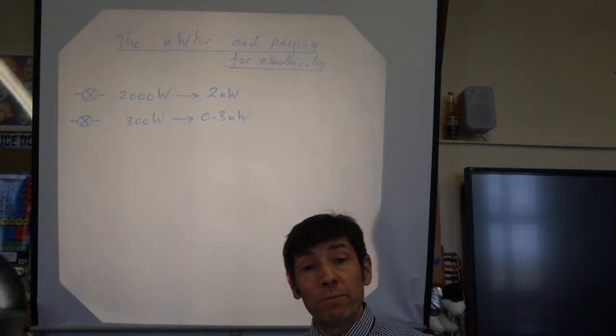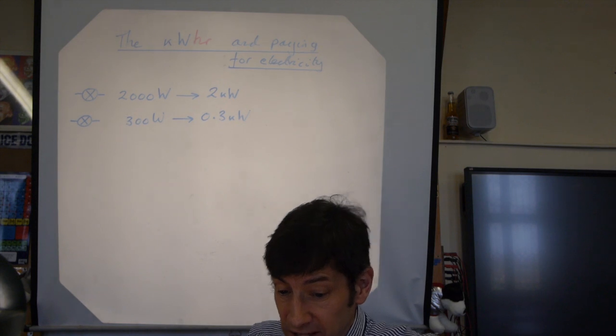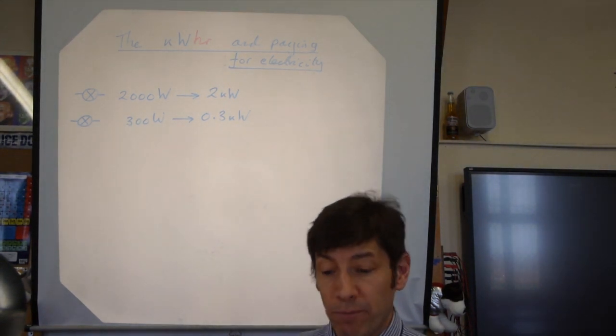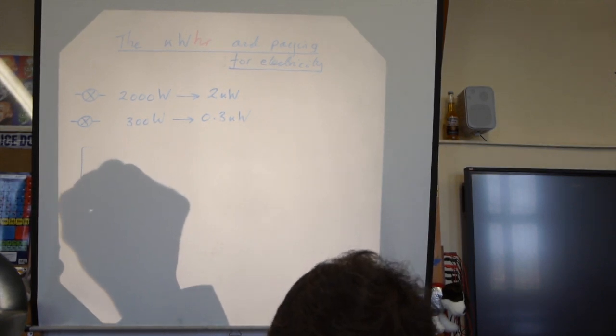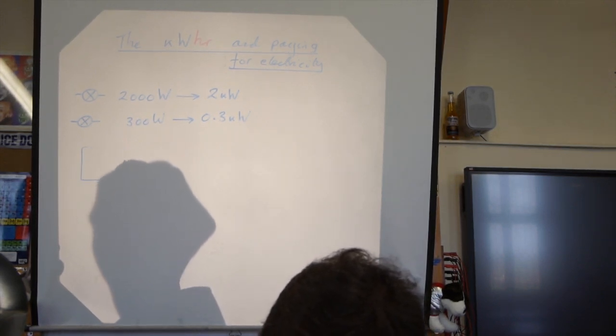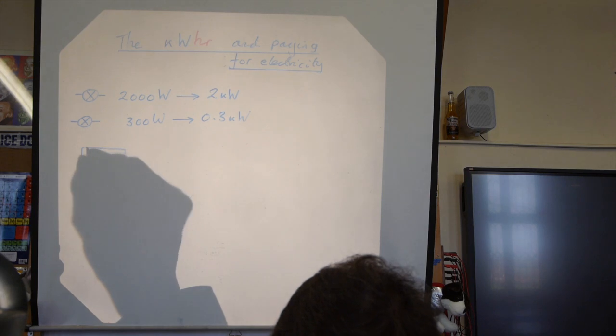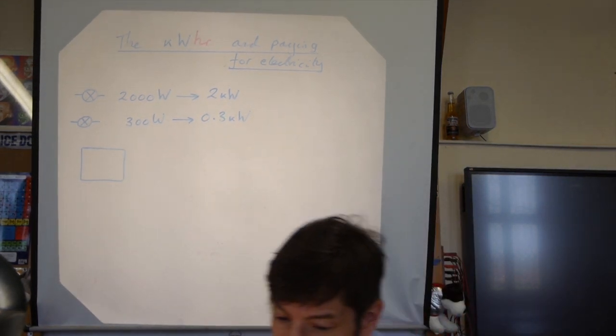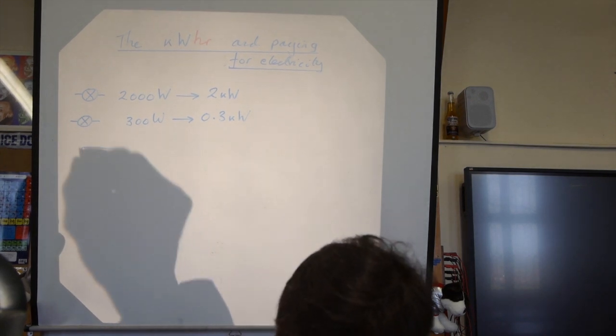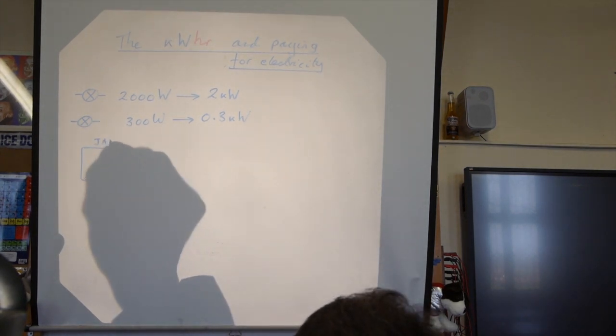So I mentioned earlier, when we plug things into the mains electricity, that's the electricity coming into your house, we have to pay for it. And there'll be an electrical meter in your house. Perhaps ask your parents to show you the meter. They come in a range of different types. And this meter, I'm going to draw the reading on it in January.